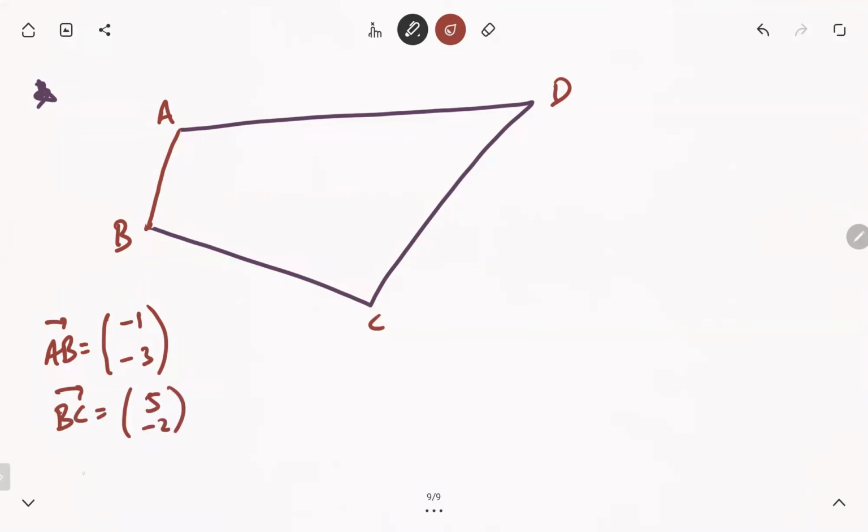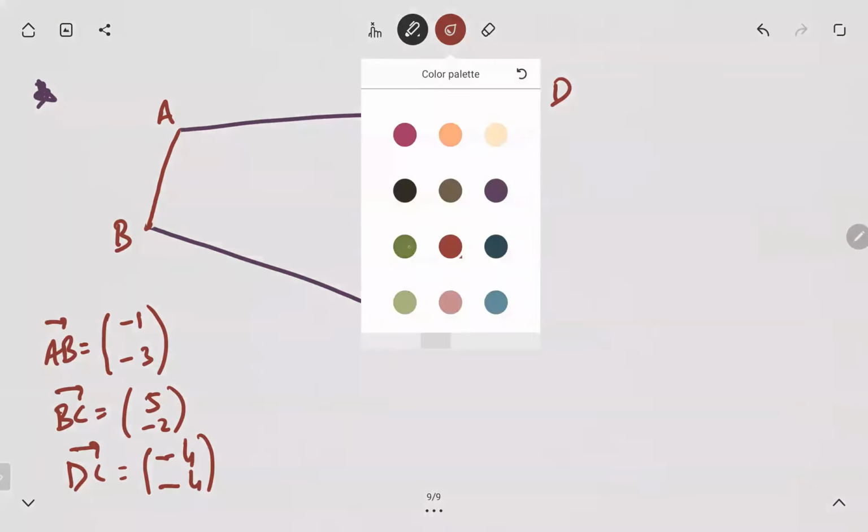Vector DC is given as (-4, -4). These are the information we have, and the question is to find the column vector AD.